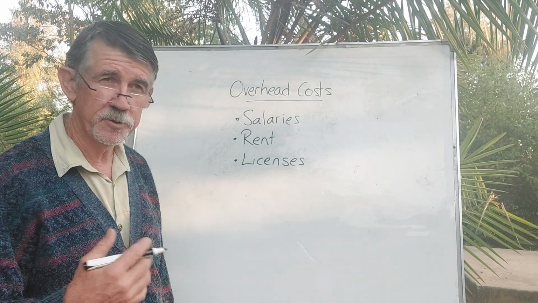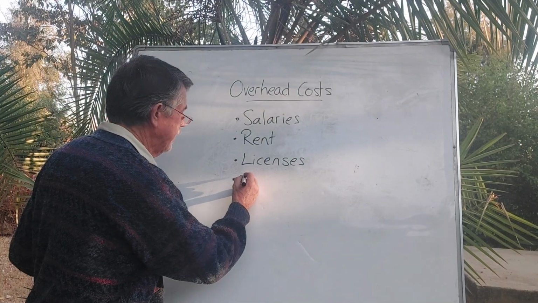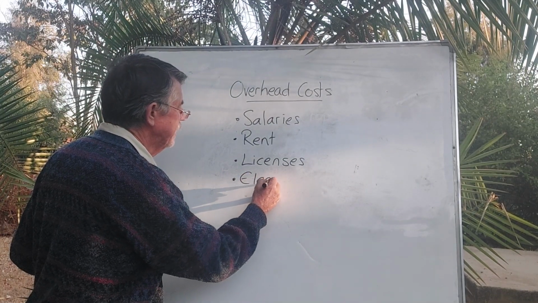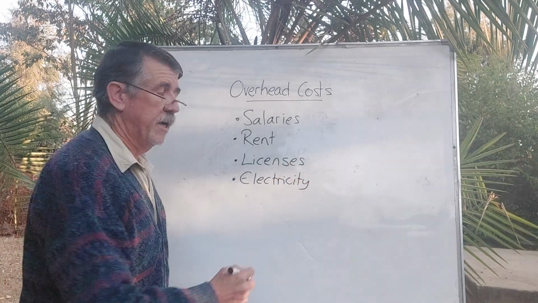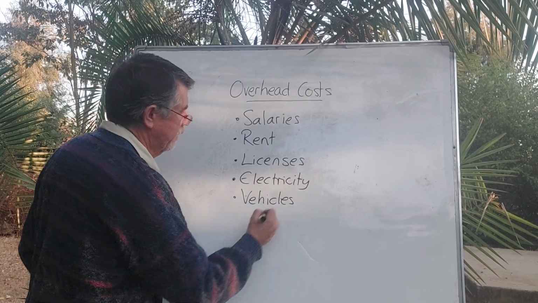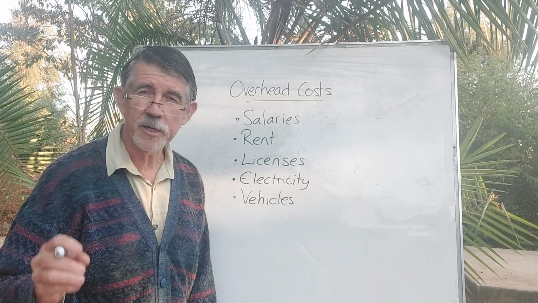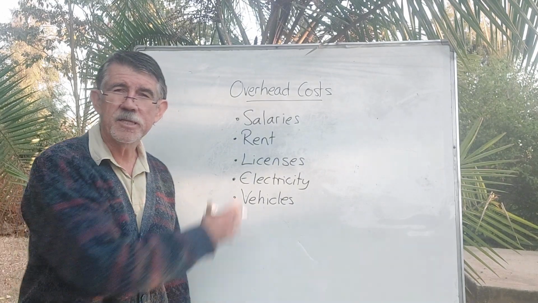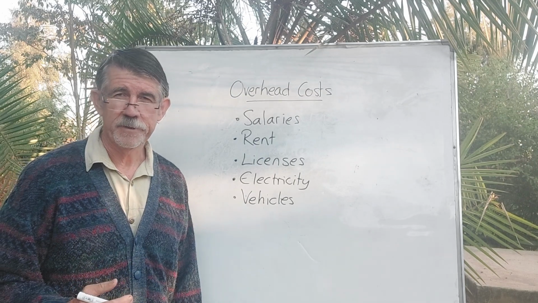You need to cover those costs. You might have things like electricity and vehicles, the vehicles that you run, which are not specific for any one enterprise. So these are the kinds of costs that are overheads.